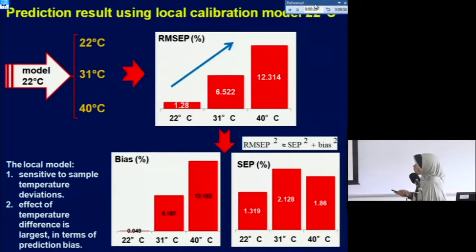The local calibration at 22 degrees shows good prediction for the sample at the same temperature, but the prediction was worse for samples at different temperatures. So from here we can see that the effect of temperature difference is larger in terms of bias, not SEP.